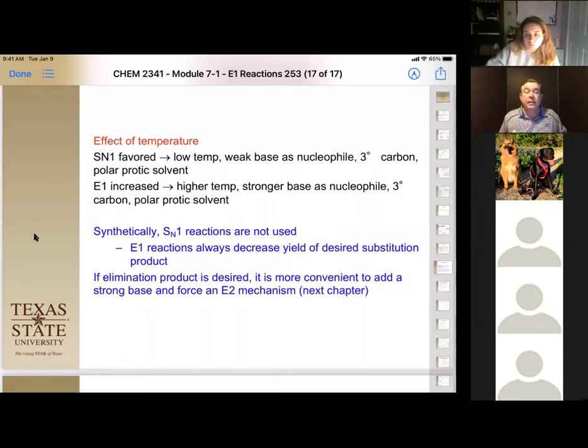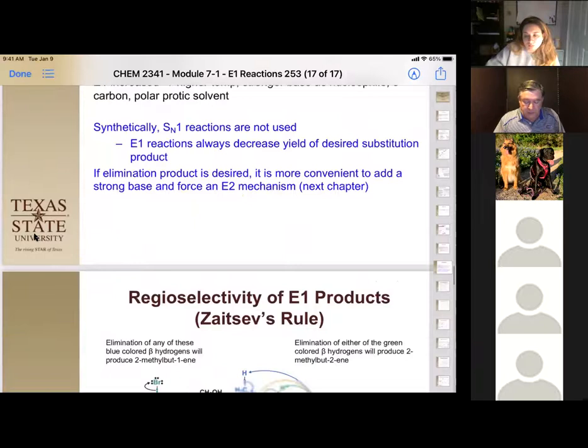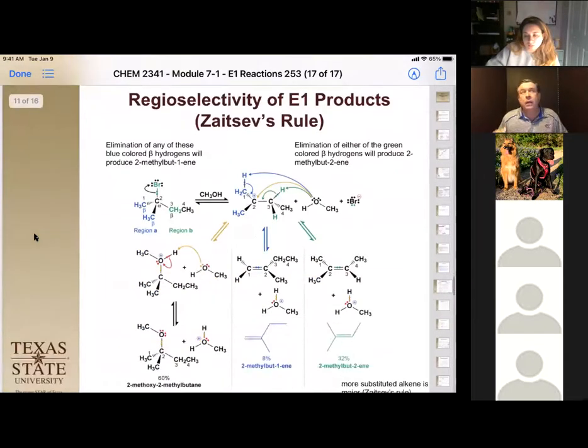Okay. And then there has to be an E2 reaction, and I'll talk about that in the next chapter. Okay, so we talked about the fact that we want to form the more substituted alkene because it's more stable. Well, we have a rule for this.